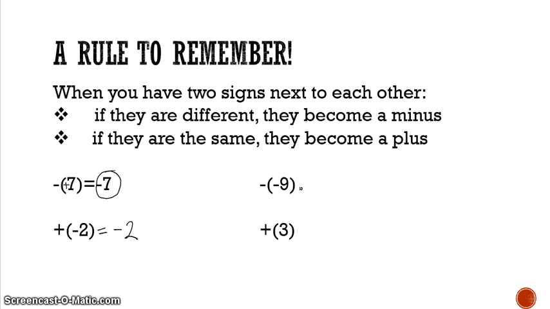You might have heard it said, two negatives make a positive. So this will just be positive 9 or plus 9 if you wish. Here I have plus, and then I have a positive 3 in the parentheses. I can write a little plus there because it is positive. Plus and the plus, they're the same, so they will stay a plus.